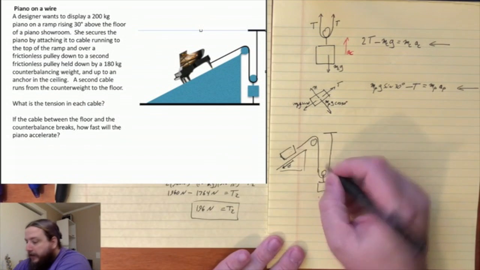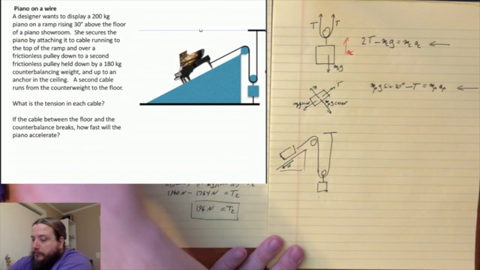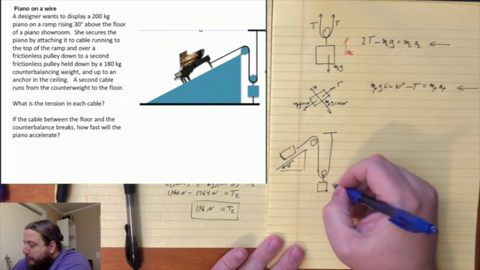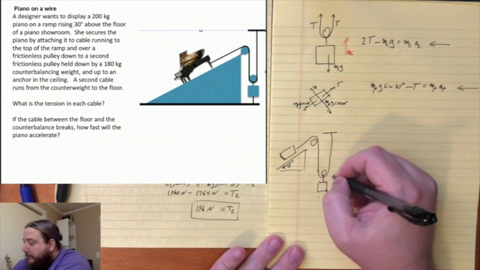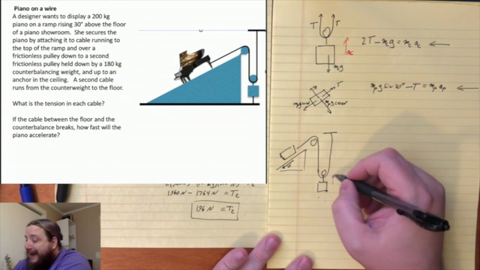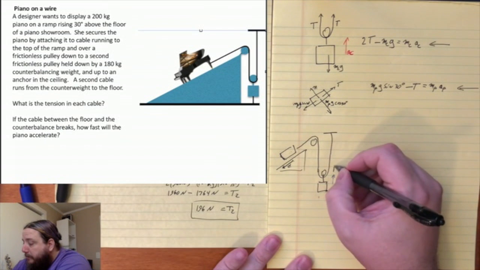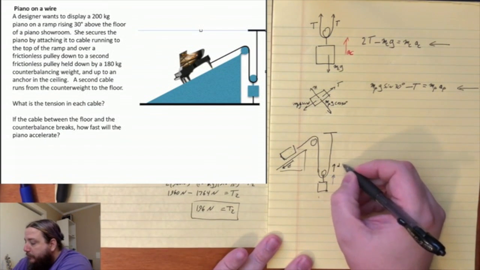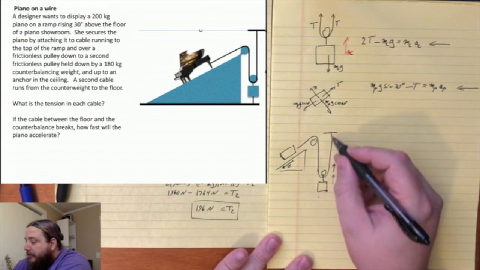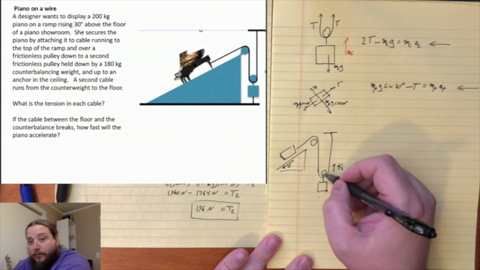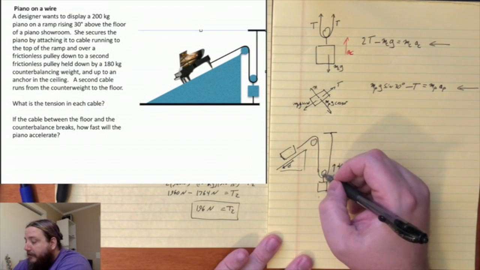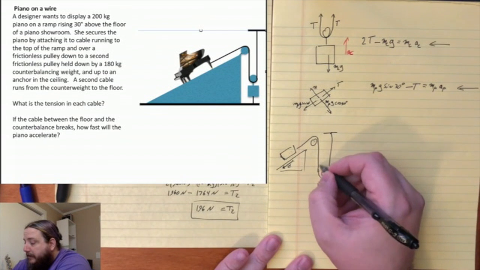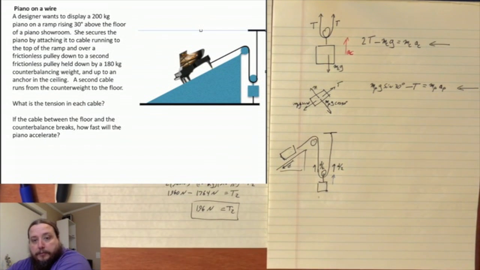Well, to do that, we move the counterweight up, but the counterweight only has to move up half as much. It moves up by an amount d over 2, and then this distance from the ceiling to the weight is smaller by d over 2, but also the distance from this pulley to that pulley is also shortened by that same d over 2.